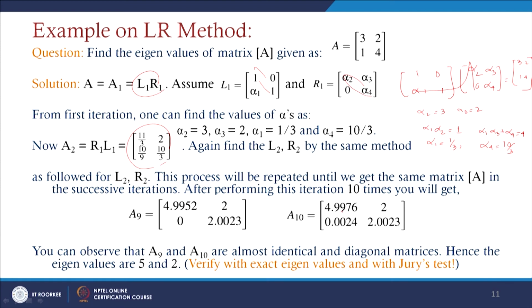Especially, you can see here the degree of accuracy is coming up to the third decimal place, and 2 is exactly 2 here, and 0 is coming as 0.0024, and this is also exactly the same. So, you can observe that A9 and A10 are almost identical along the diagonal entries. Hence, we can consider the eigenvalues as the next immediate approximate values, 5 and 2 here.